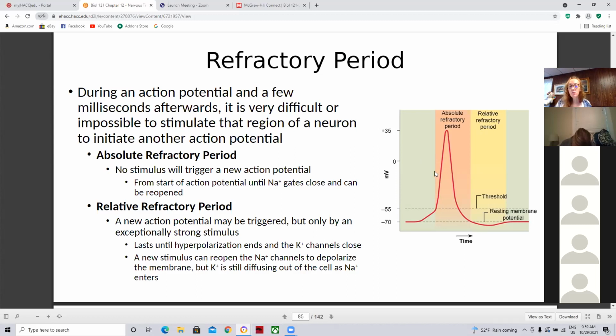During the absolute refractory period, the sodium gates are open. And until they're fully closed, you can't initiate another action potential.